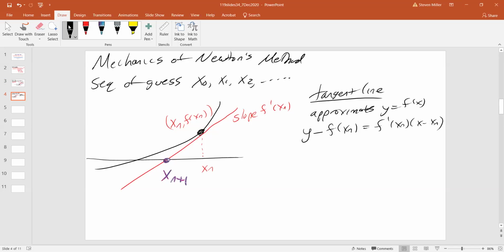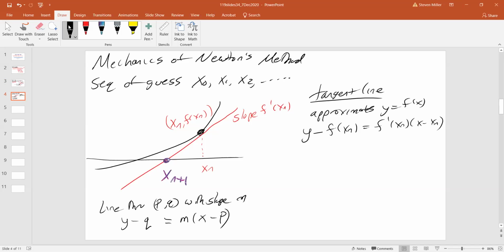This is one of the many different forms for the equation of a line. We have lots of different ways to write the equation of a line. So the line through the point P, Q with slope m is just y minus the y coordinate q equals the slope times x minus the x coordinate.